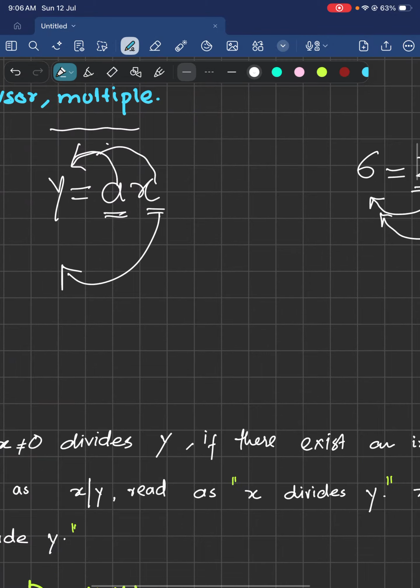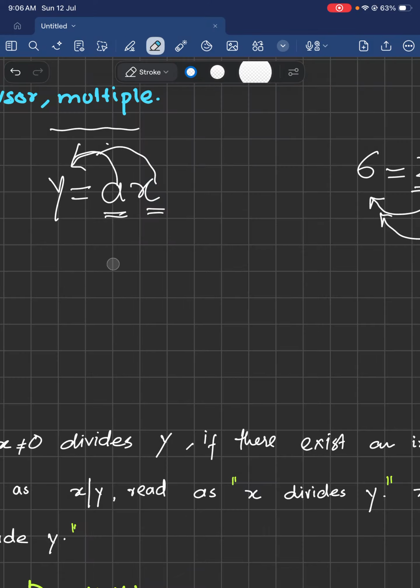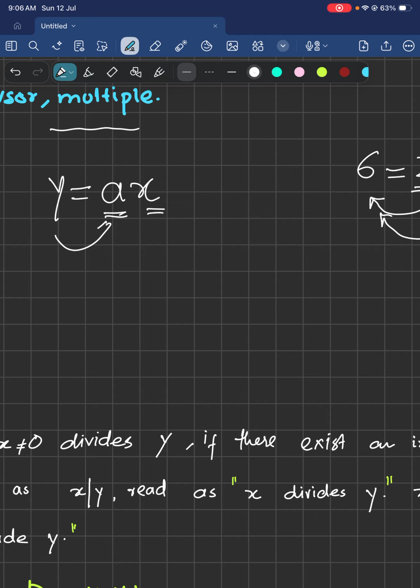And multiple, I can say that y is a multiple of a and x. The other way to understand this is that y comes in the multiplication table of a and the multiplication table of x. So y is a multiple of a and y is a multiple of x.